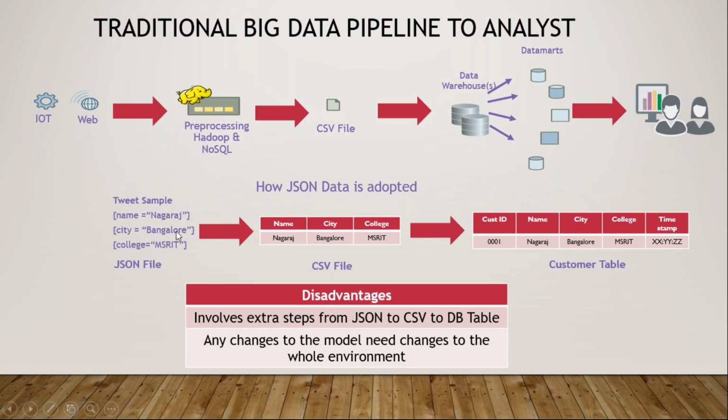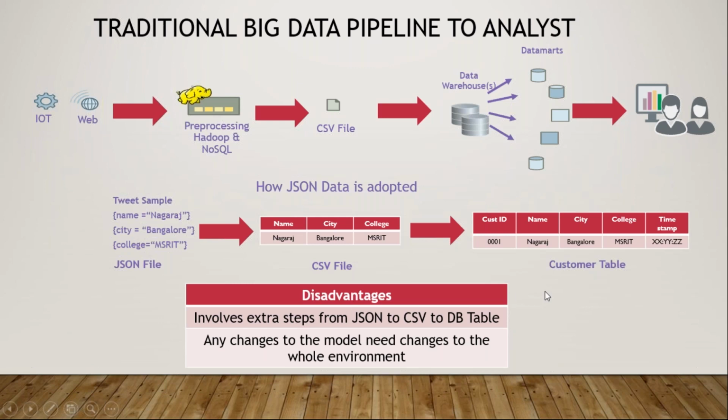This is the JSON structure. When you pre-process it and generate the CSV file, the format looks like this. Finally you put that into a data warehouse table, and this table will be exposed to the business team. So, disadvantages, let's take a step back.